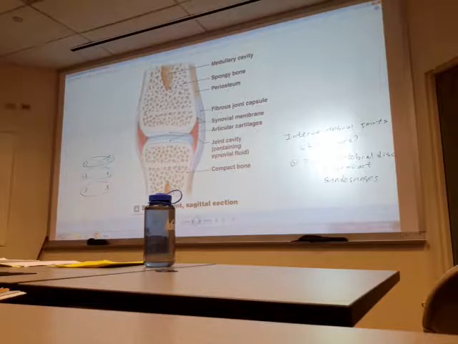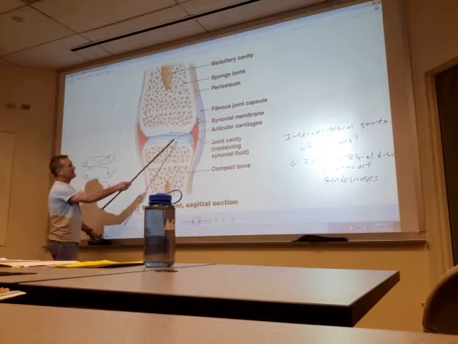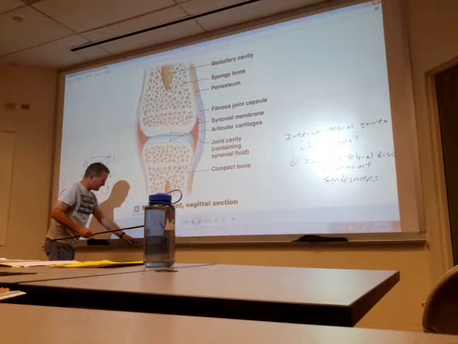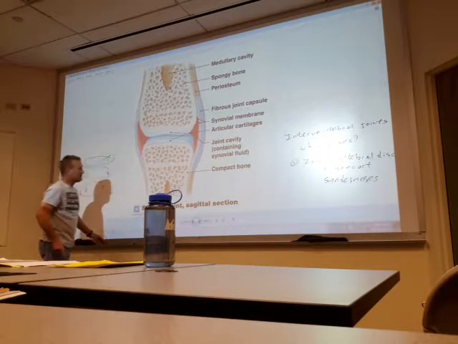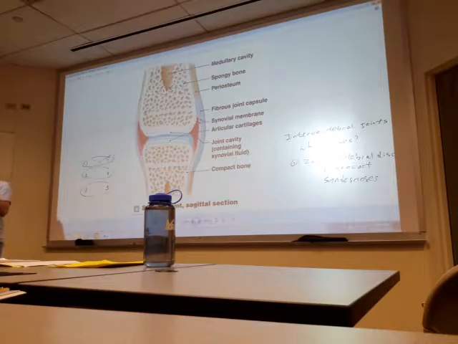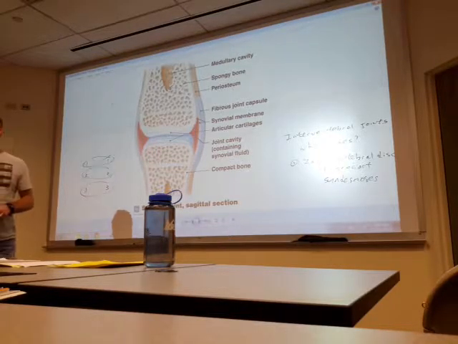So in no particular order, diarthritic joints will have hyaline cartilage on the articular surfaces of the bone. Remember, that's all diarthritic joints. It's not just in histology when we say hyaline cartilage is located on the ends of long bones to provide a smooth surface for articulation.